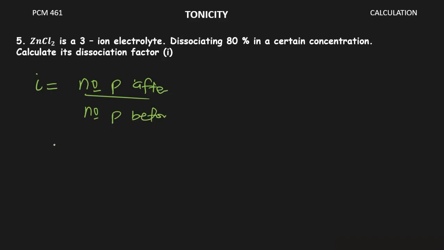Now, zinc chloride, when it dissociates, is going to form zinc ion plus 2 chloride ion for the equation to be balanced, because you can see 2 chloride ion here, right? How many zinc ion are here? 1. How many chloride? 2. 2 plus 1, 3. So total ion here is 3. Do you get the idea now?